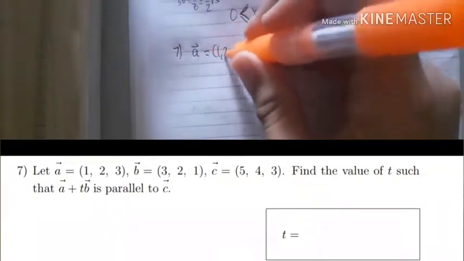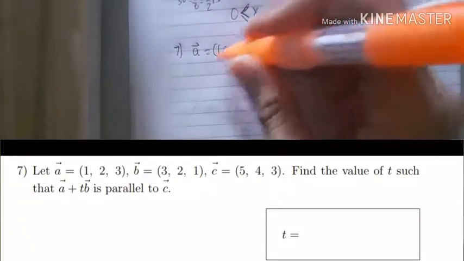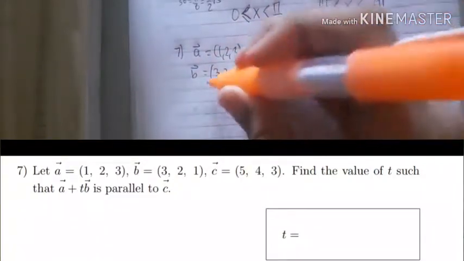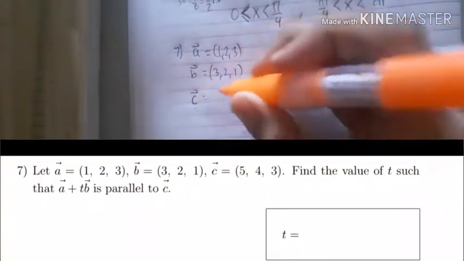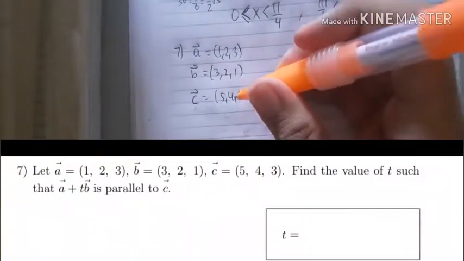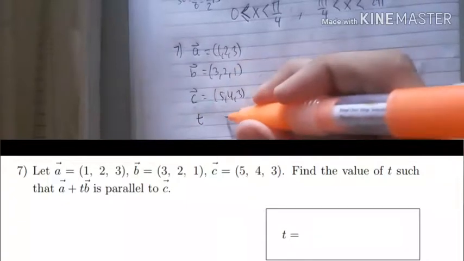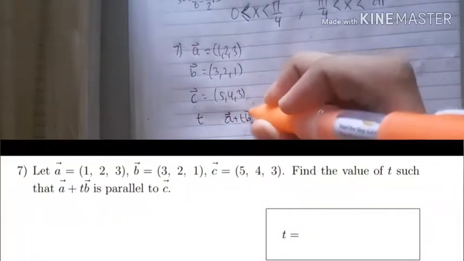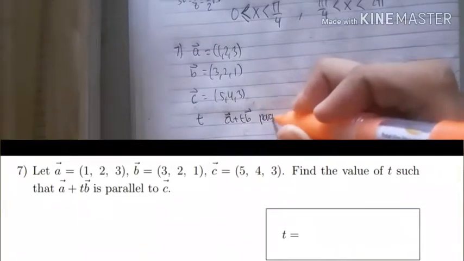A equals 1, 2, 3. This is the coordinate, right? The vector B has the coordinate of 3, 2, 1, and the vector C has the coordinate 5, 4, 3. And now we have to find the value of t such that the vector A plus tB is parallel to C.